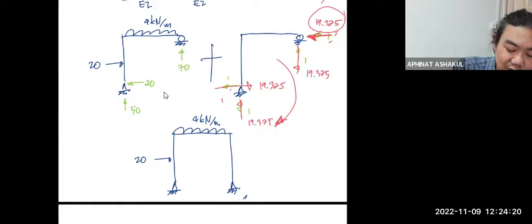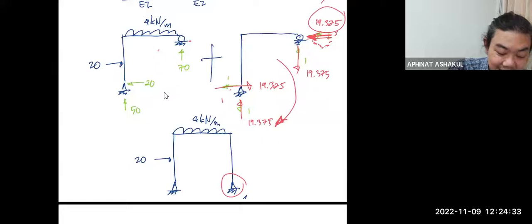This is the case where I now have the reaction here. So I add this with this. This roller becomes a hinge here, and I now have the reaction here. This, I can just add them up, right?